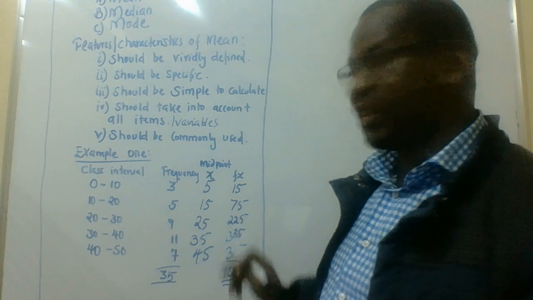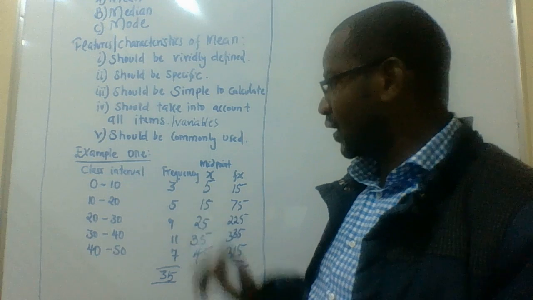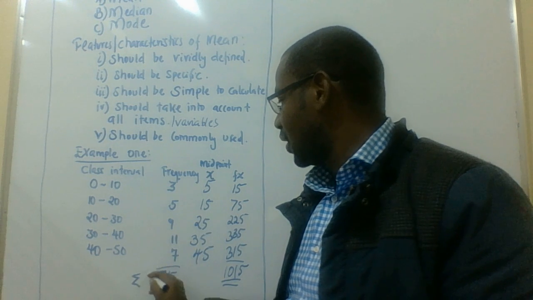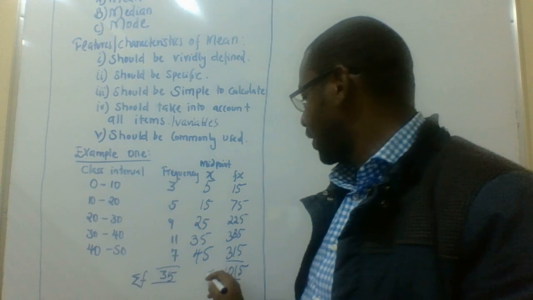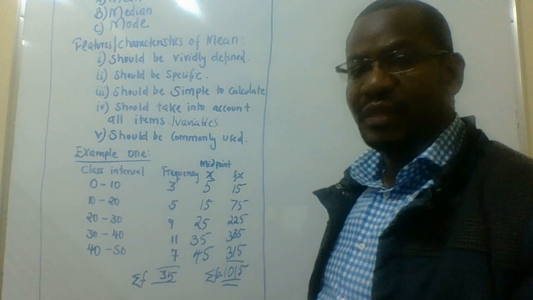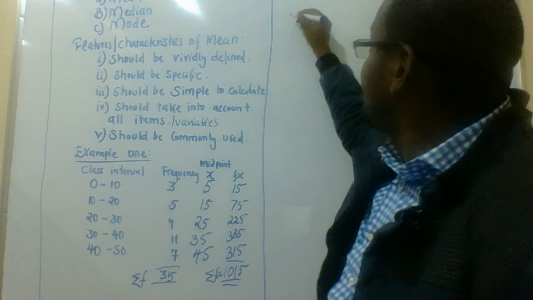So we have calculated fx, we have calculated the f. This is the summation f, summation fx. So how do we come up with our mean? I think I know.